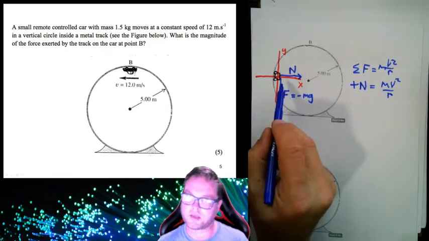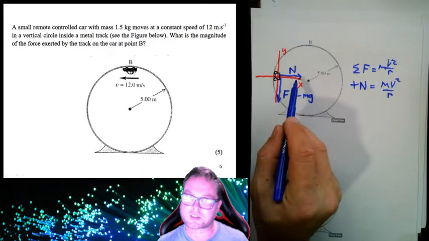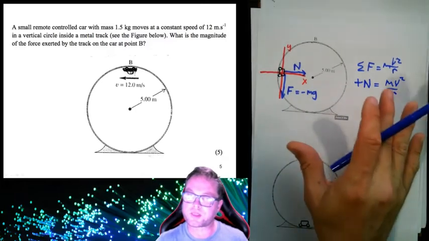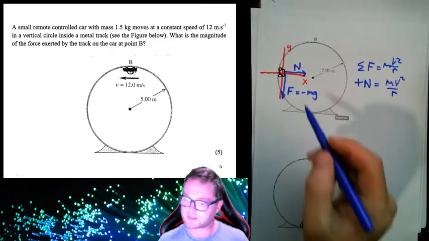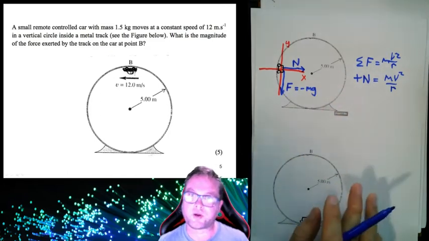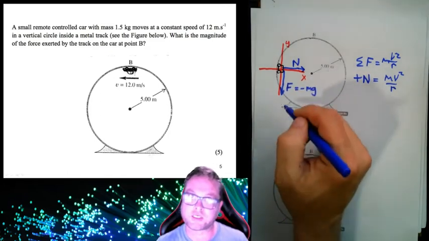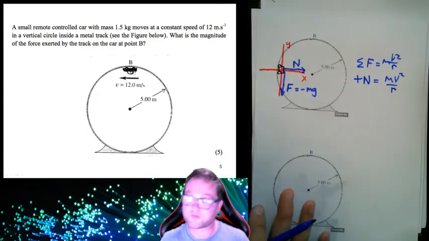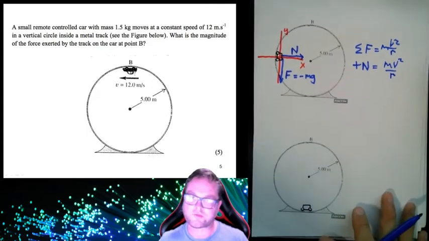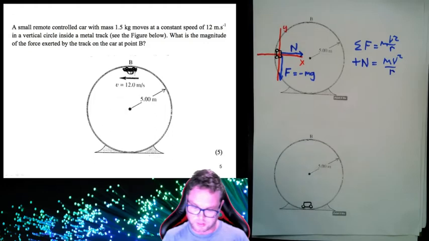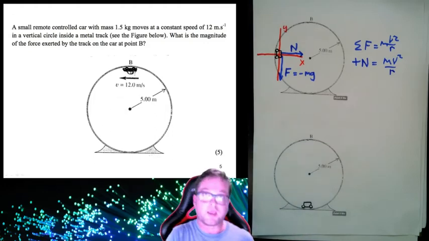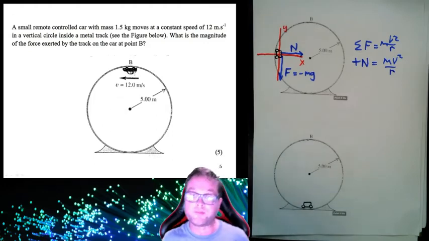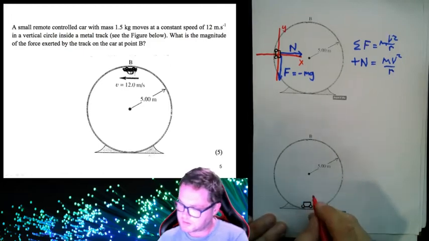The centripetal force also acts towards the center. So this would be the relevant equation. The gravity component is tangential. It's not acting towards the center of the circle, so we don't concern ourselves with the gravity force in this case.